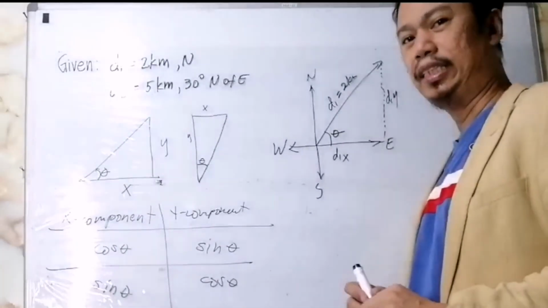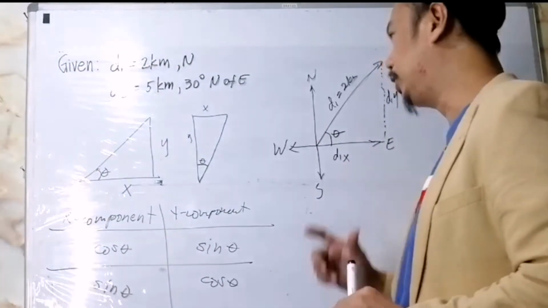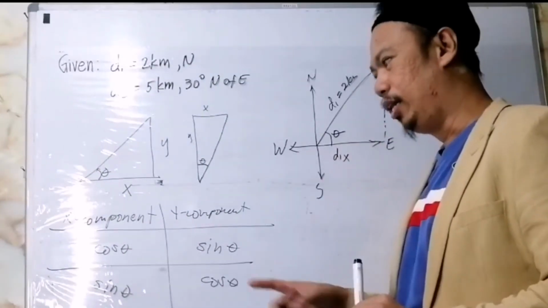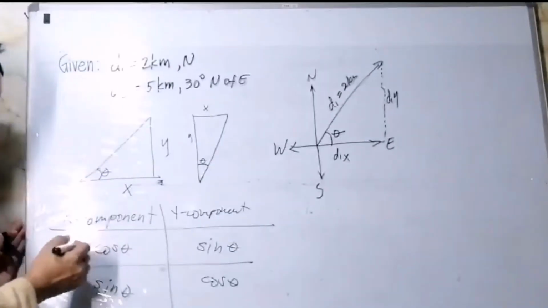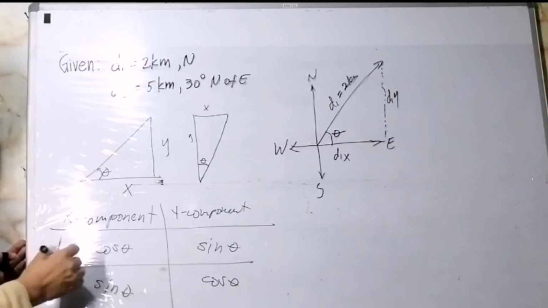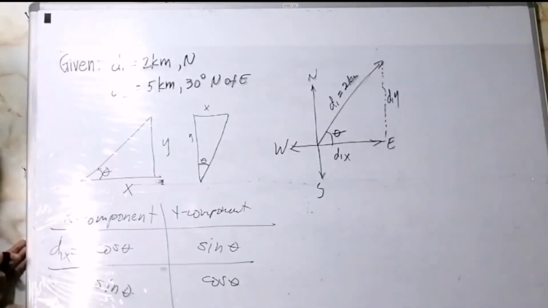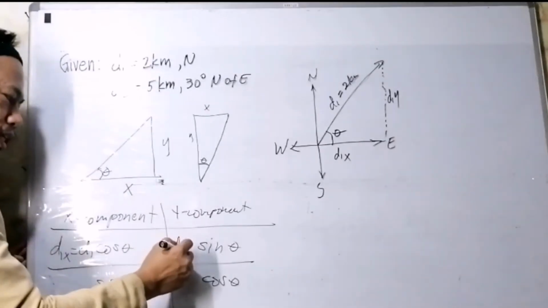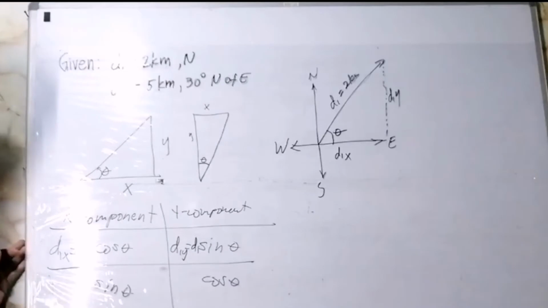So to complete the X component and Y component with respect to distance 1, the formula for the X component, in order to solve for d1x, is d1 cosine theta. Then d1y is equal to d1 sine theta.